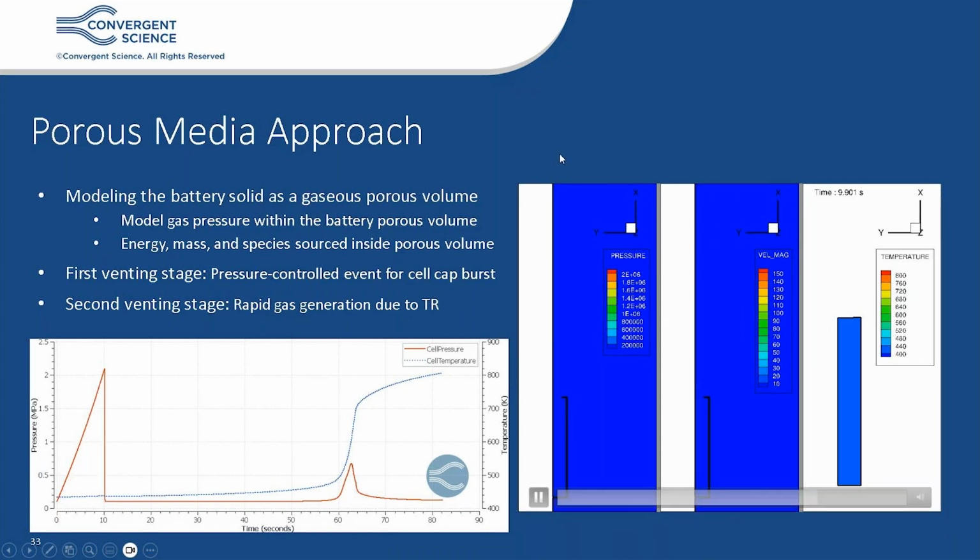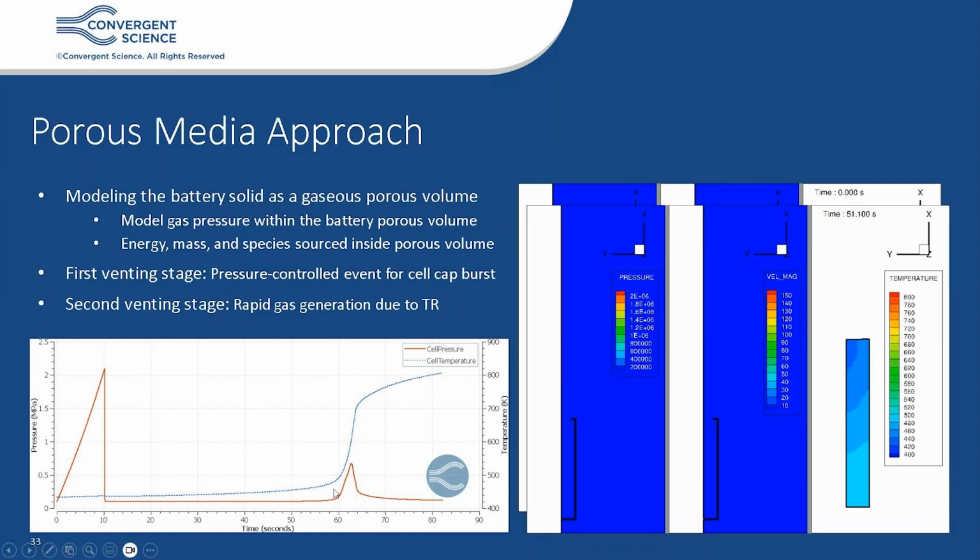And then as the battery heats up, around 60 seconds, you get an actual thermal runaway event, exponential rapid heat generation, rapid gas generation. You can evaluate temperature contours in 3D, pressure distribution in 3D across the porous volume, and also more accurate flow across the porous volume and out of the battery. So you capture better venting behavior. This model is more accurate than the previous approach, but it is also more expensive.